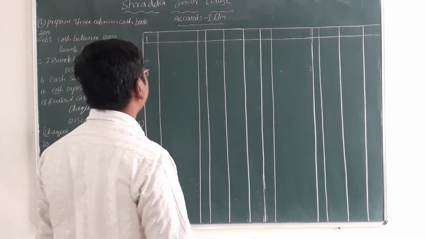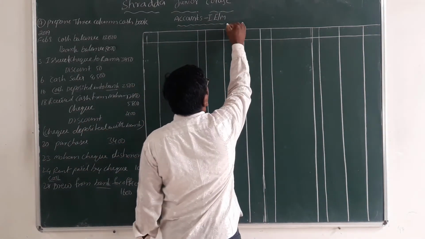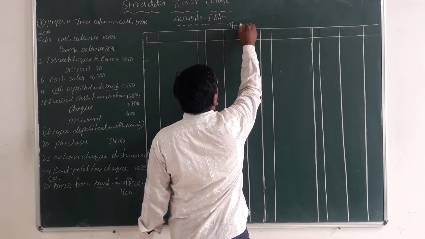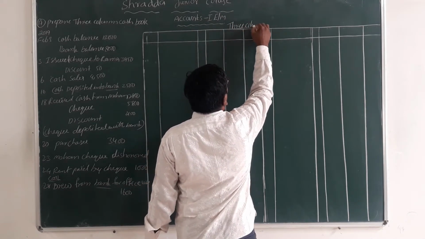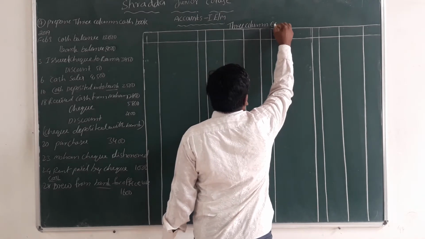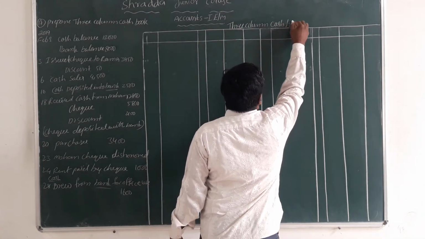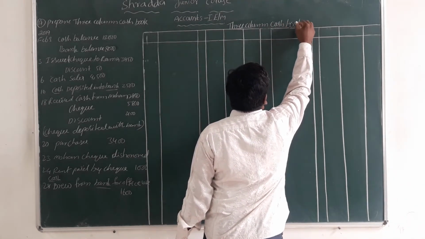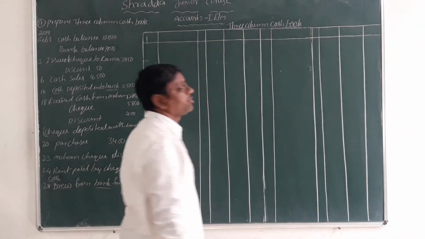Okay, this is a 3-column format. Write down here: 3-column cash book. It is a 3-column cash book.